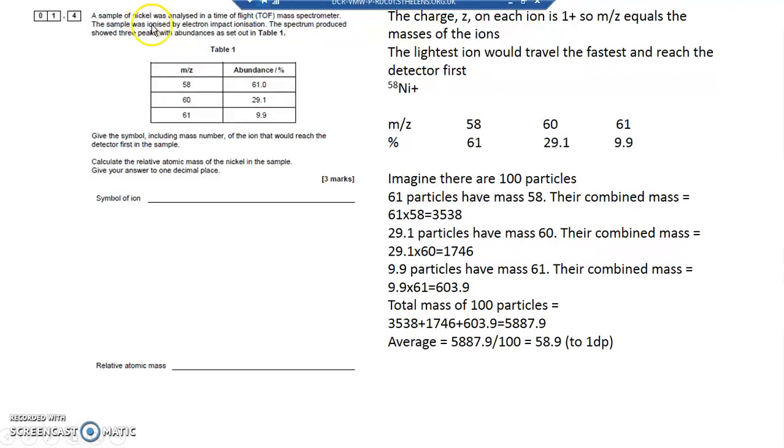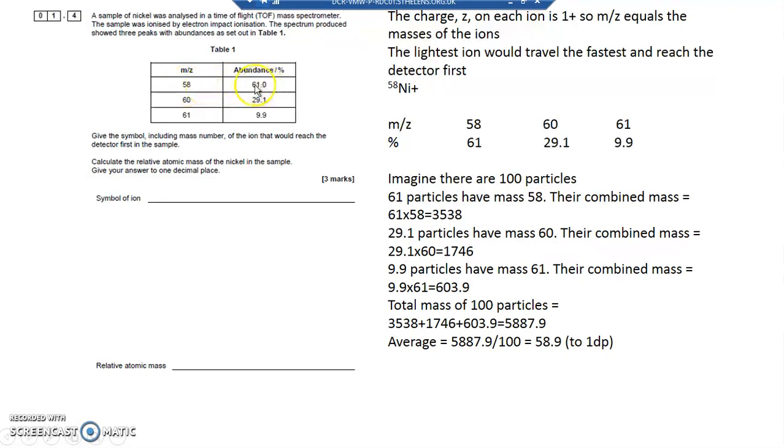I've got Ni1+ ions of mass 60 with 29.1% of those, and some Ni1+ ions of mass 61, and there's only 9.9% of those. So let's imagine we've got 100 of these ions.